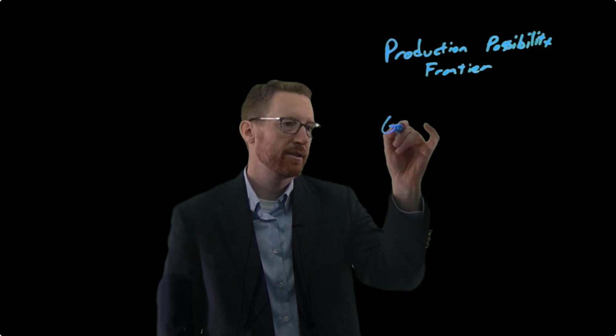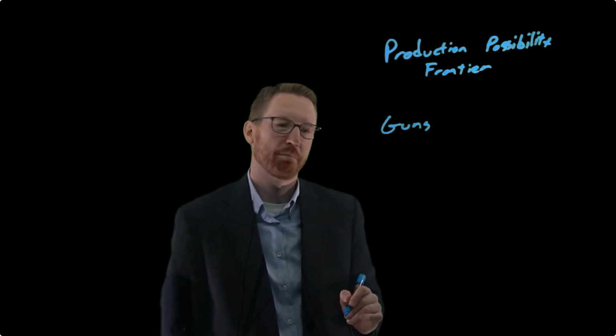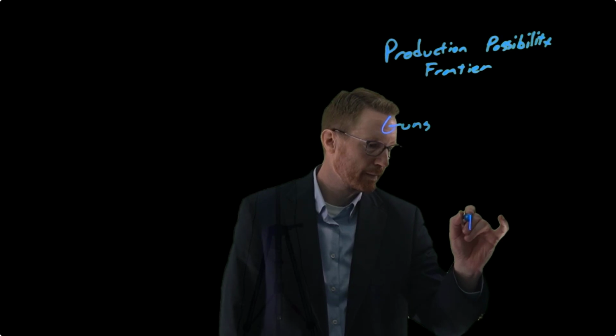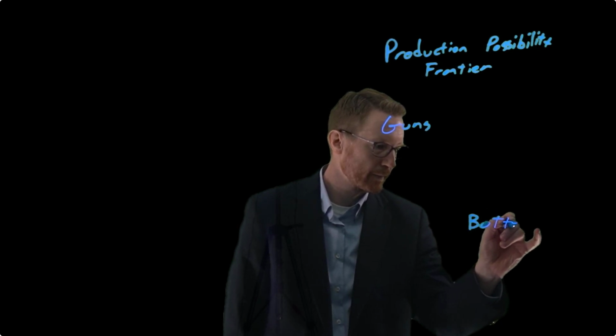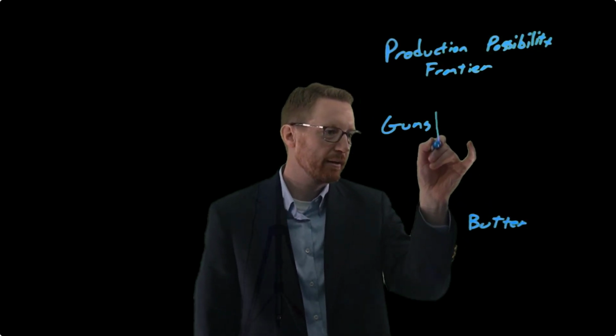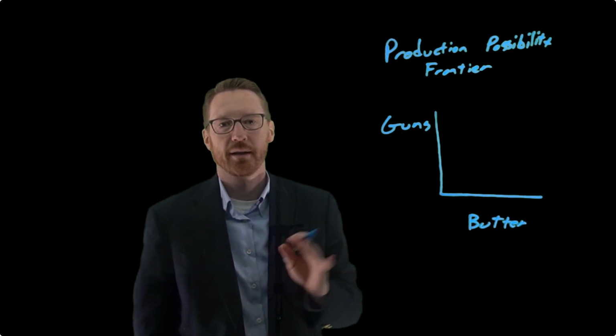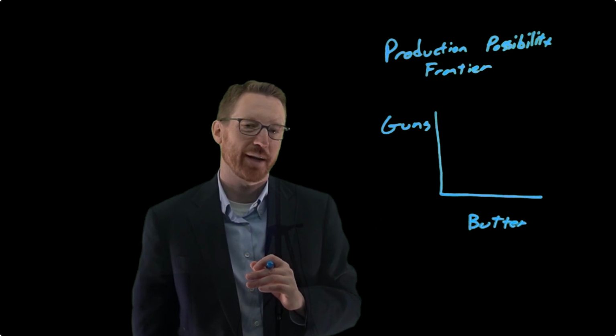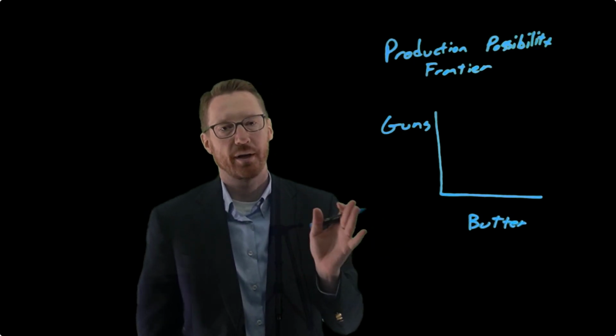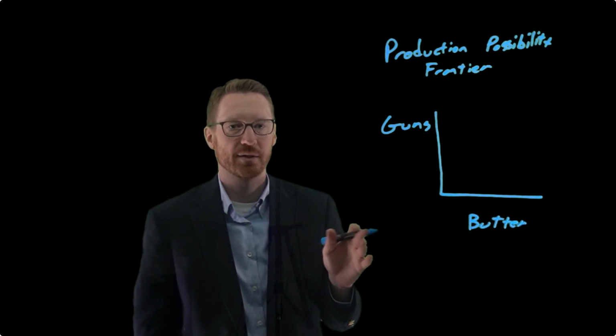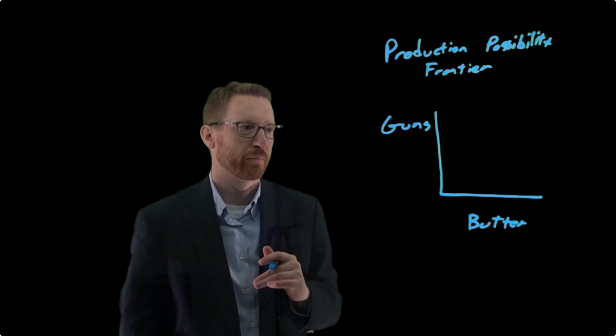So let's look at the standard classic case of guns and butter. And if you're wondering why guns and butter, this is a classic case as a way to illustrate the trade-off between national defense and consumption.